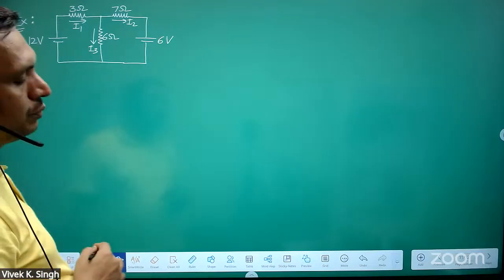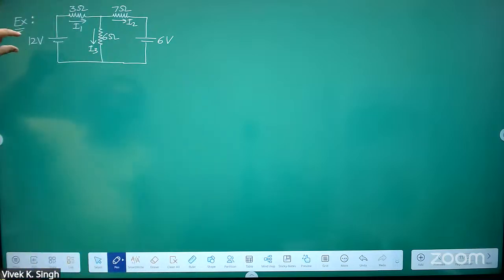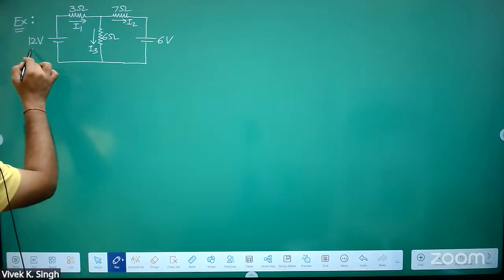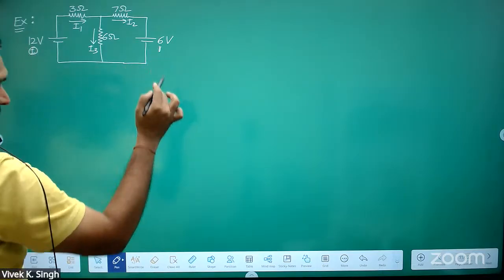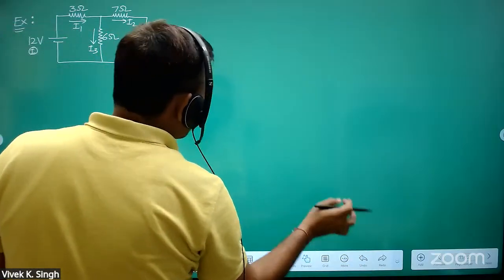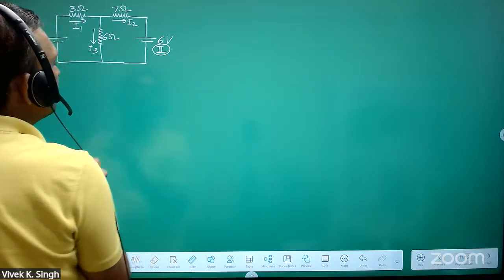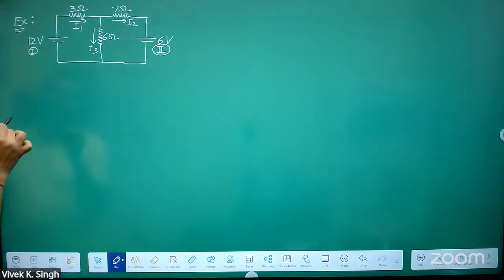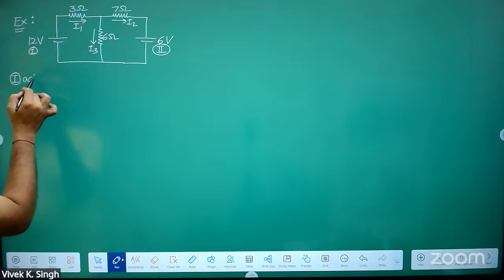So what you have to do is find the current through each element due to one independent source acting alone, with the other source turned off. So let's say this is source 1. You have 2 voltage sources, one acting alone.